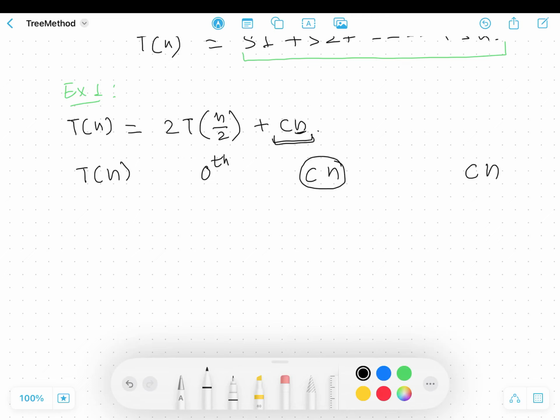Okay. Now the problem is being divided into half and we have two recursive calls. So the tree will look something like this for n upon 2. This is our first level.